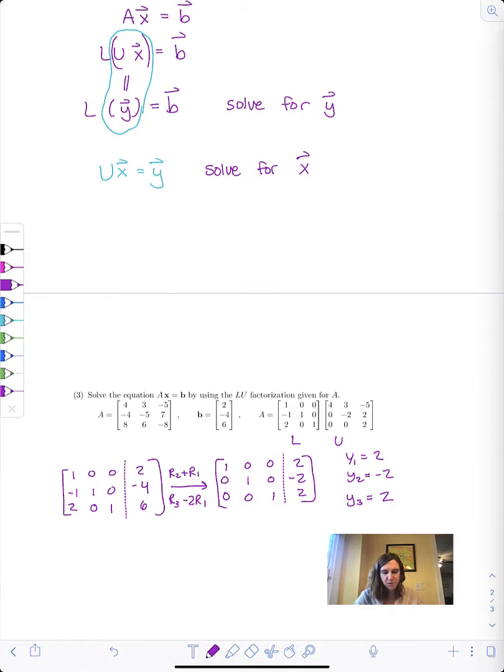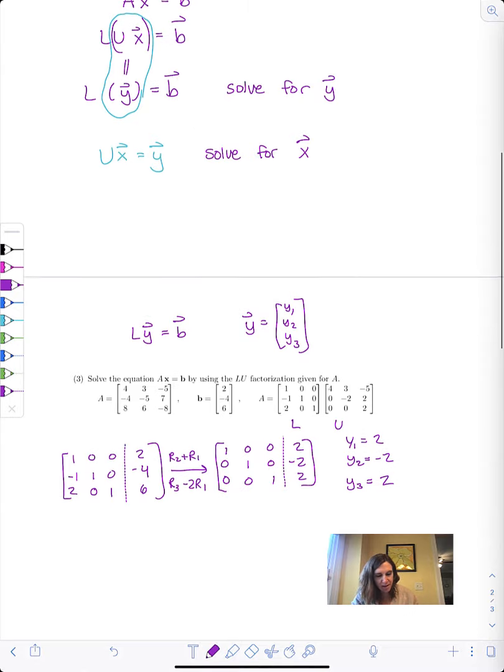And you might be saying, wait, what are these y1, y2, y3s? Well, remember we said L times y equals b. And so y is a vector, y1, y2, y3. And so now, just to write things down, that's what goes in here for U times x. So let's rewrite this equation then.